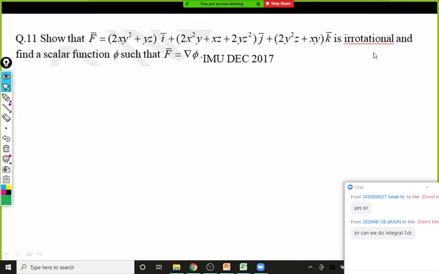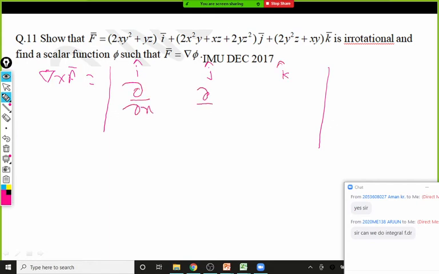Okay, so let me do it quickly here. Step 1, our aim is to prove this f bar is irrotational. So consider del cross f bar. For this del cross f bar, we have a determinant whose first row is i, j, and k. Second row, the operators dou by dou x, dou by dou y, and dou by dou z.